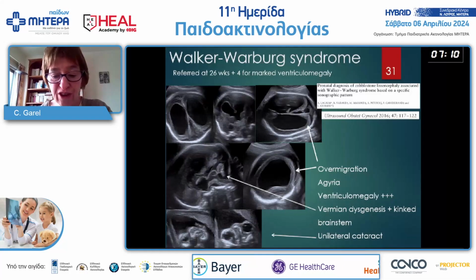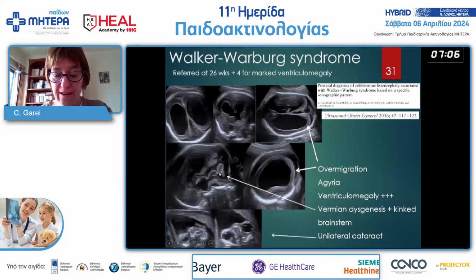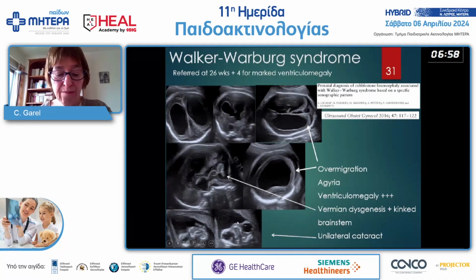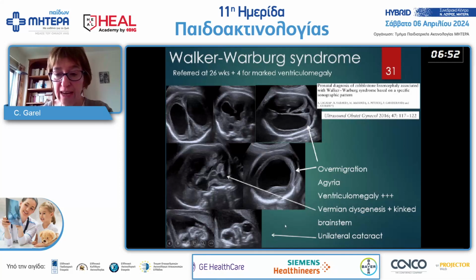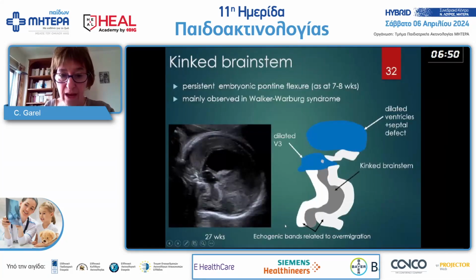There is also agyria, ventriculomegaly, vermian dysgenesis, and a typical shape of the brainstem, which is called the kinked brainstem. There may be associated eye abnormalities, as in this example, there was a unilateral cataract.